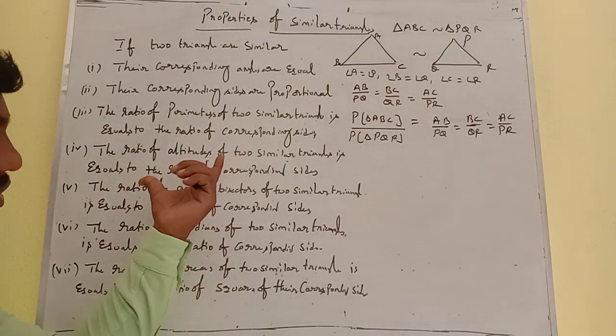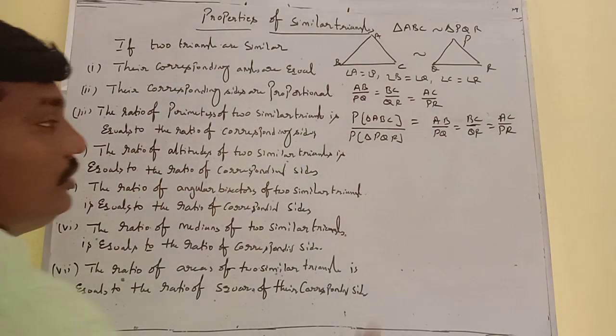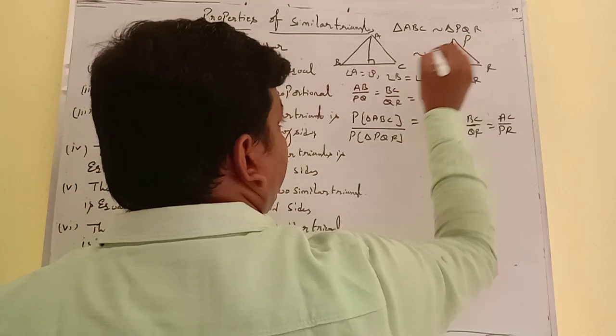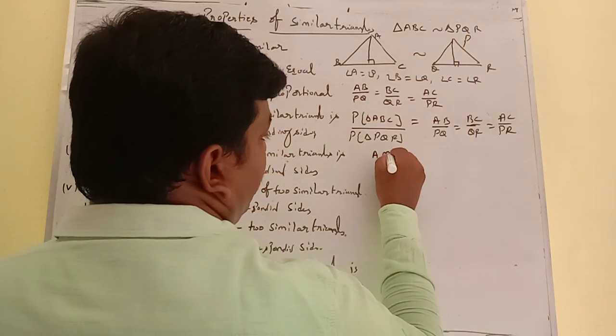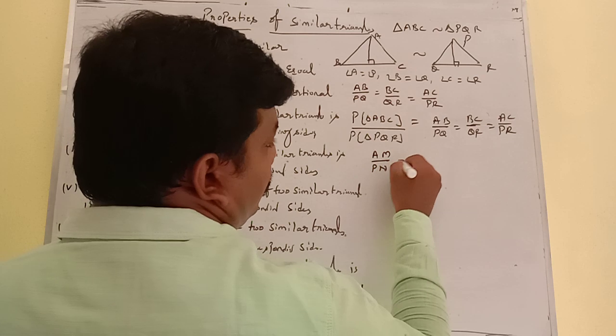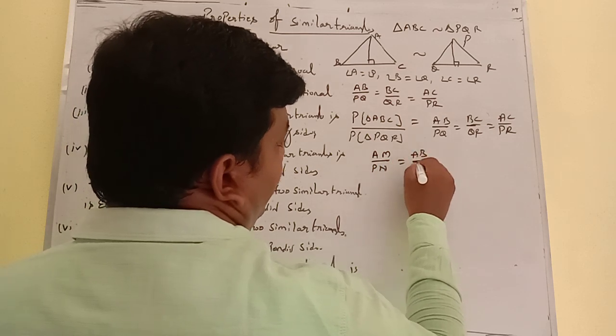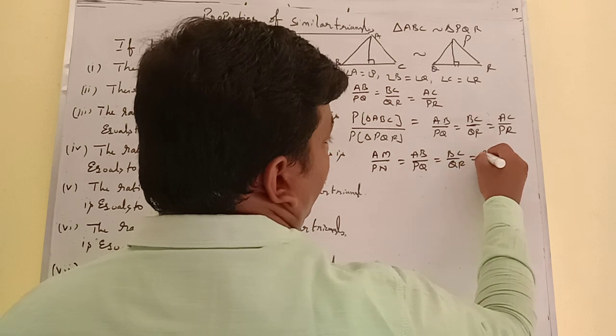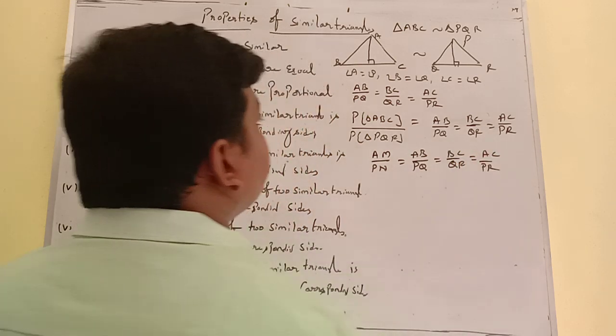Now the ratio of altitudes of two similar triangles: if you draw the altitudes AM and PN, then AM by PN is equal to AB by PQ, BC by QR, and AC by PR.